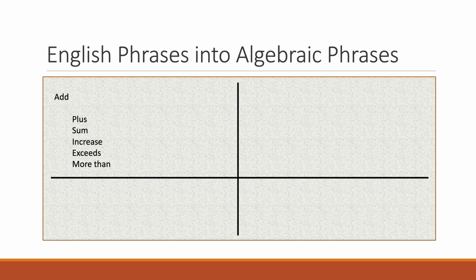Some words for add are plus, sum, increase, exceeds, and more than. And the inverse operation of add is subtract, and plus pairs with minus, sum with difference, increase with decrease, exceeds with diminish, more than with less than. Okay? And then you have multiply.